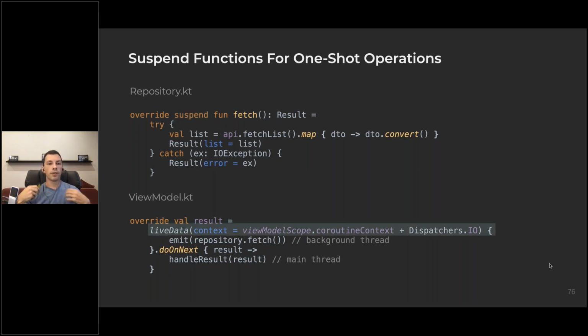And in our view model, we will create a liveData builder with the context of our view model scope, with the IO dispatcher to do it in the background. Then fetch data from our repository and emit it to this particular live data. And then do some transformation using MediatorLiveData and handle the result in the main thread, and then set it to the view as usual.